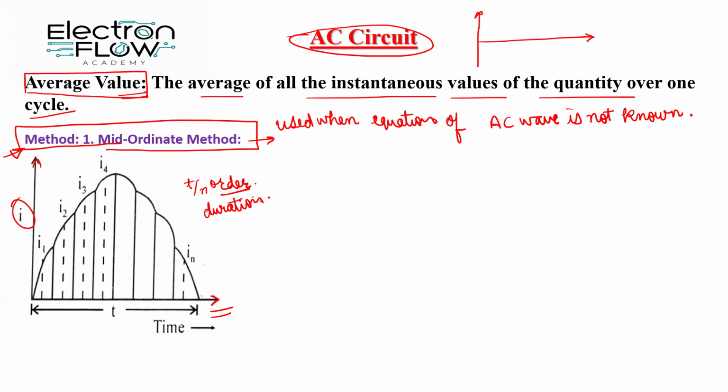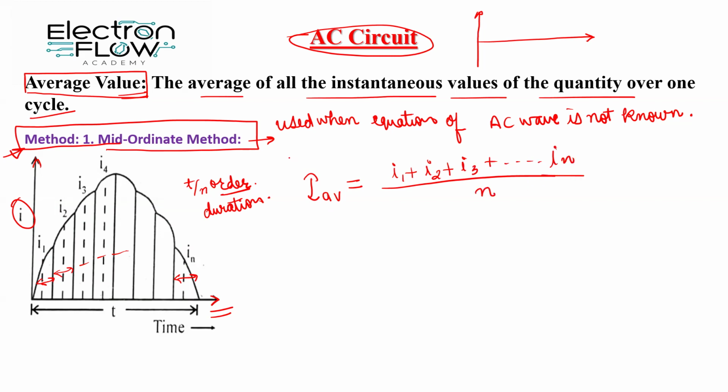The larger the value of n, the better is the approximation of the average value. Let us consider this is I1, this is I2, and this one is In. The mid-ordinate method gives the I average as the sum of these, divided by total intervals.